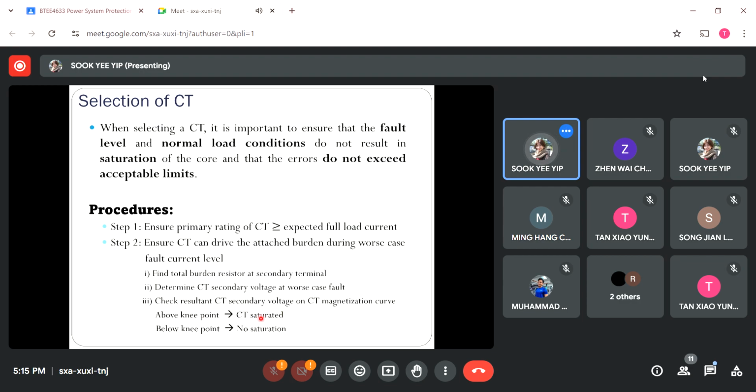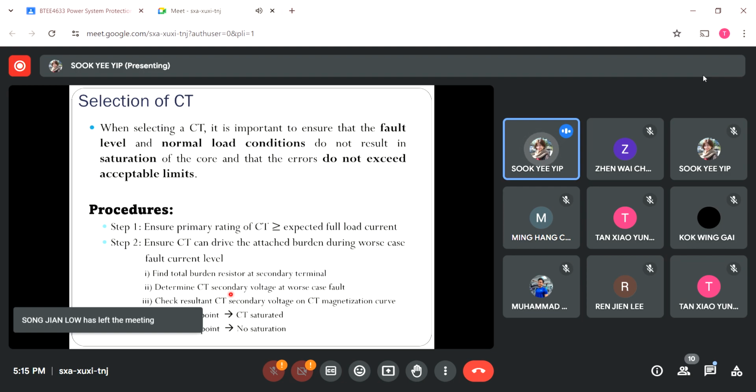Why? It will enter into saturation regions. But if the induced secondary voltage under worst case situations is lower than the knee point voltage, yes, this selected current transformer is the right one. There will be no saturation. That's how we ensure the current transformer is able to work for a specific system.